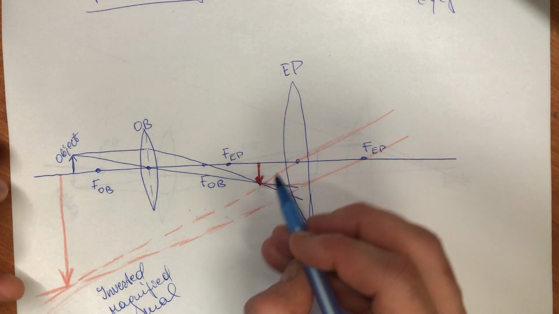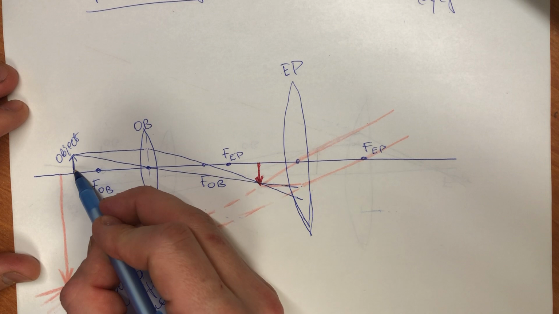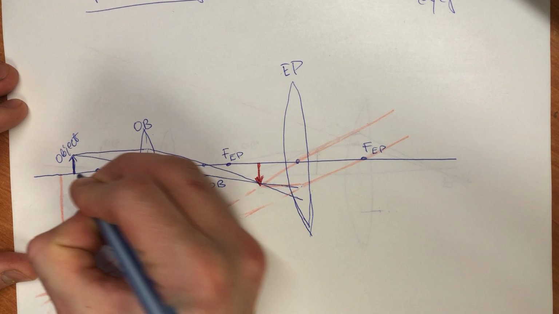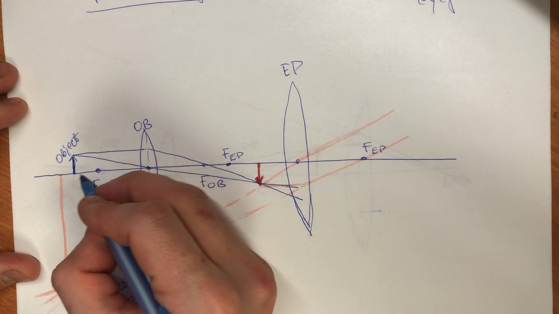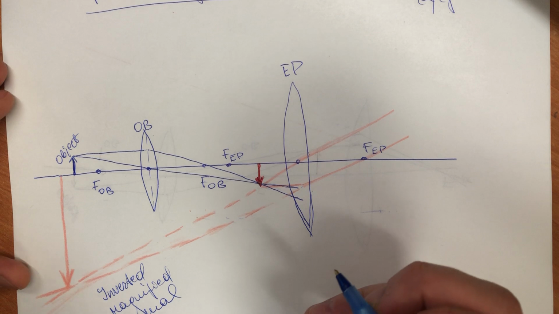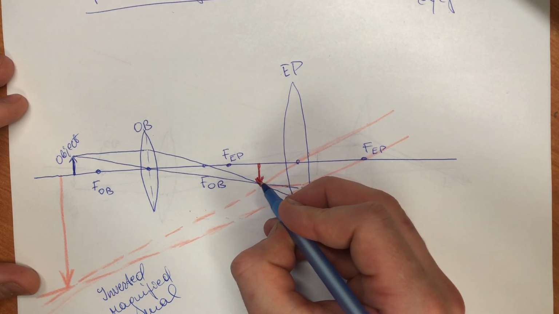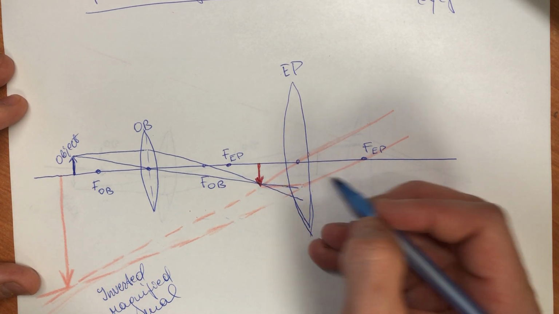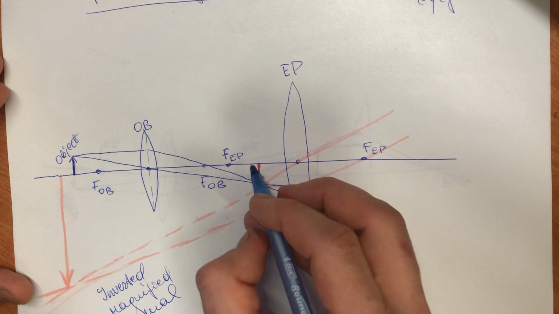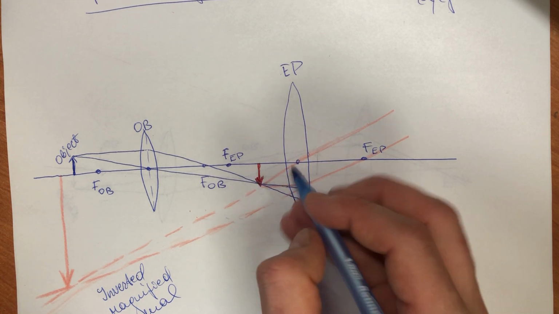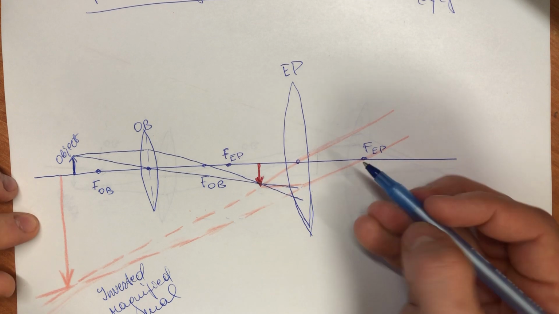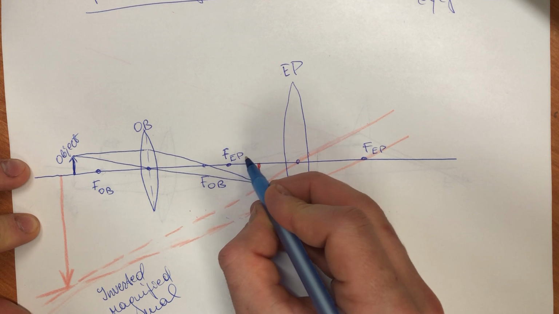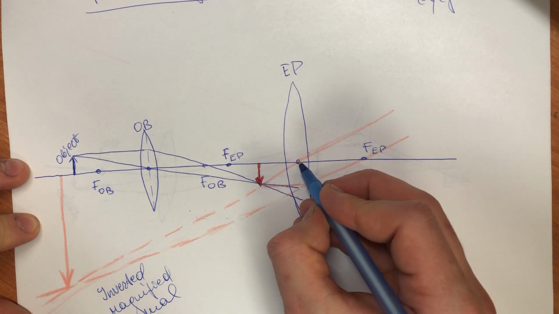So the microscope is constructed in such a way that you put the object a bit further than the focal point of the objective. Then the image is formed on the right side, and the eyepiece is positioned so that this image by the objective is formed between the focal point of the eyepiece and the eyepiece itself.